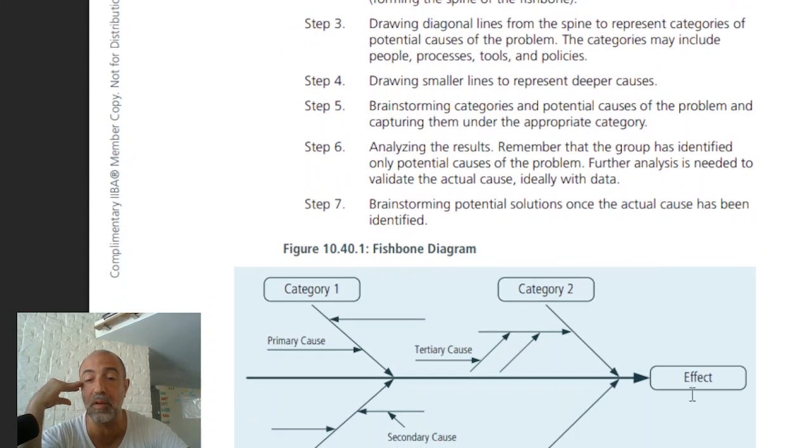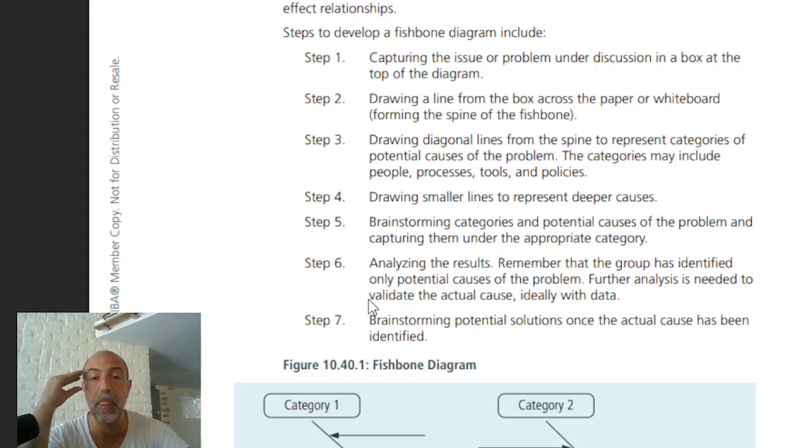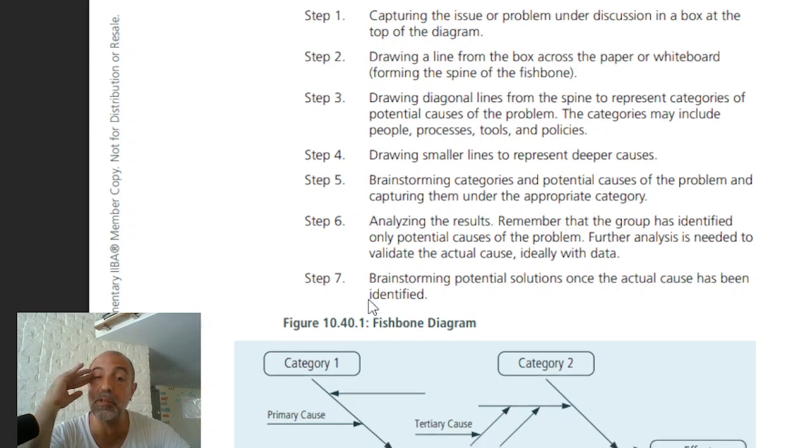Notice at the end is the effect. So every single step in the process, from category 1, 2, 3, and all the way to the effect, there are multiple causes, and then we go one by one and we handle them. Capturing the issue of the problem under discussion, that's step one. Drawing a line from the box on the paper. Drawing diagonal lines from the spine to the categories of potential causes.